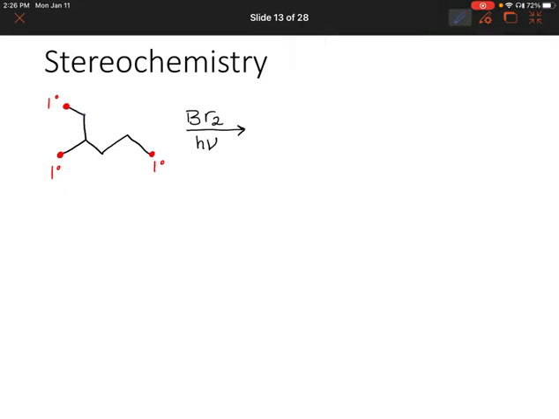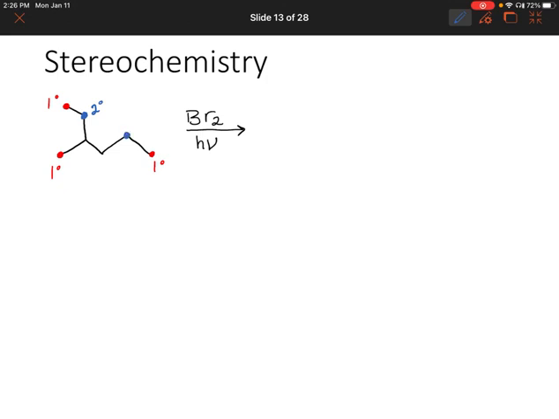Okay, what about the carbon I just labeled in blue? Is that primary, secondary, or tertiary? Secondary. Are there any other secondary carbons? Yes.